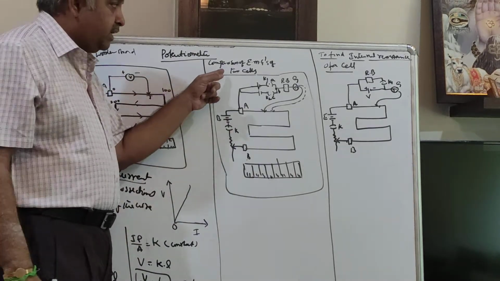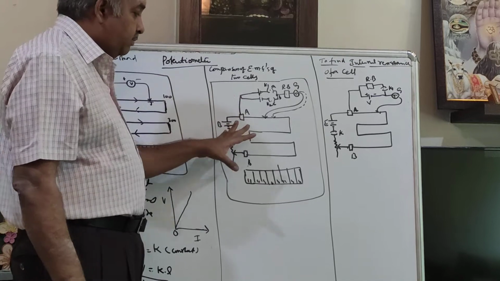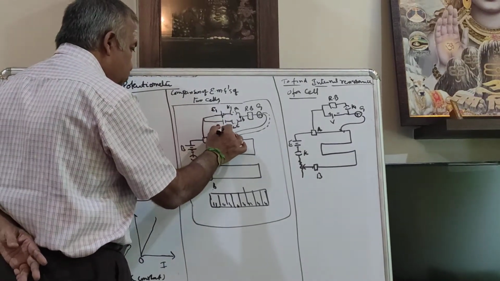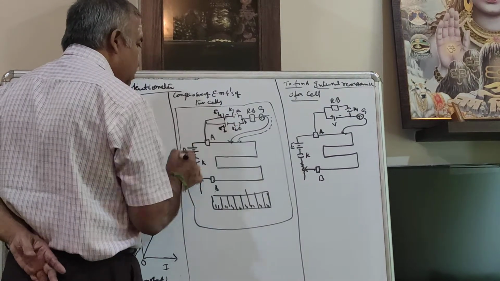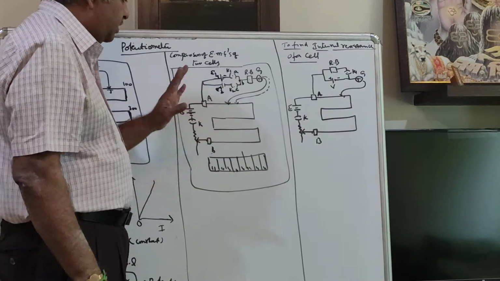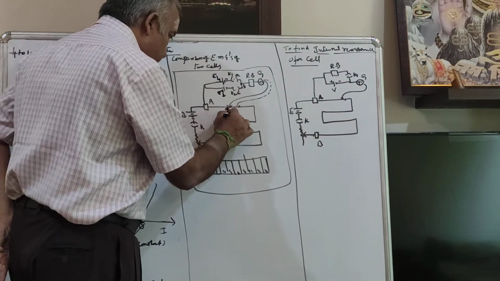Now, comparing the EMF of two cells. The apparatus is the same as before. This is E1, this is E2, with K1, K2, the resistance box, the galvanometer, and L1, L2.